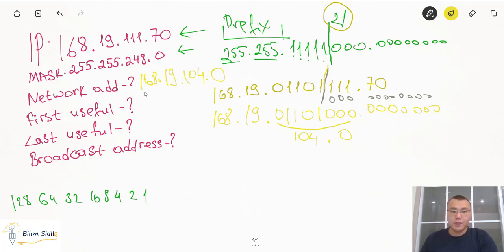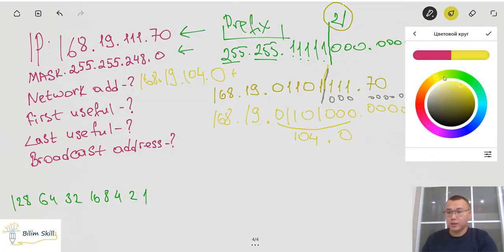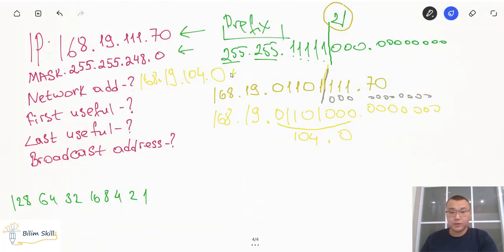The first useful address means the first address after the network address, so you make a plus 1. Here the first useful address will be 4 and 1. It is your first useful address.